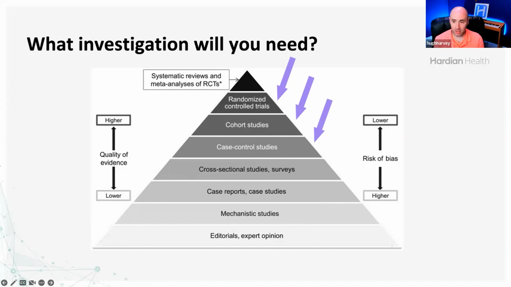What we really want to see, and what the regulators want to see, and ultimately what your clinical customers will want to see, are the higher degrees of evidence from case control studies, cohort studies, and ultimately randomized controlled trials. For brand new novel devices, it's probably okay to start with case controlled and cohort studies.